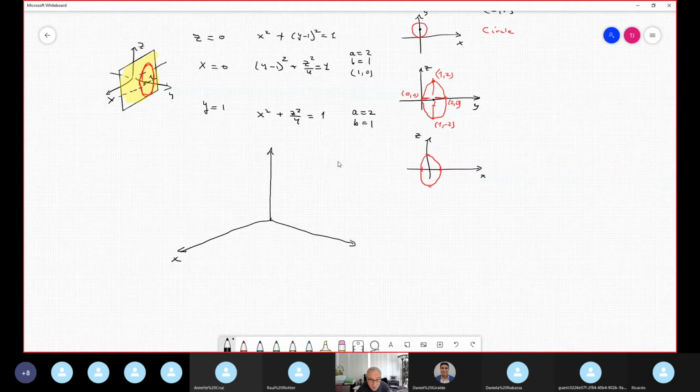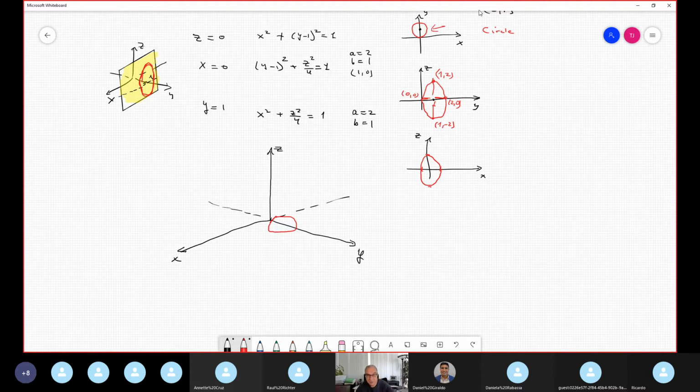This is x, this is y, and this is z. So I discover, for example, okay, in this axis, we have a circle like that. Circle, circle, circle, like that. This circle is this.